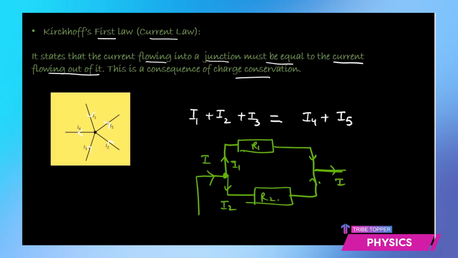Whatever is the total amount of current entering the junction has to be equal to the total amount of current leaving the junction. So we sum up all the currents entering on one side, sum up all the currents leaving the junction on the other side, and equate them.